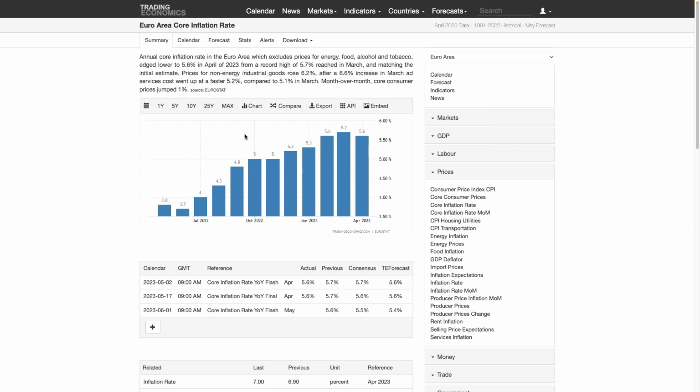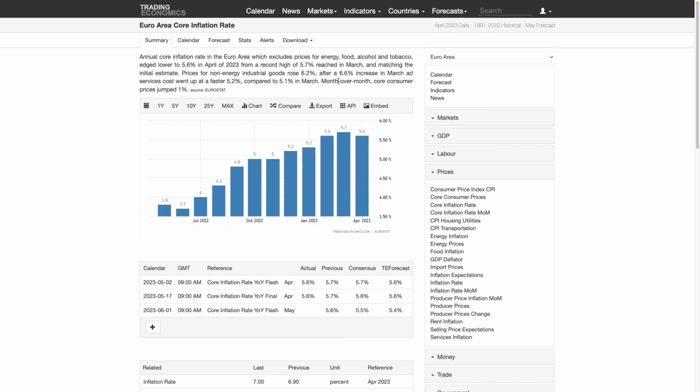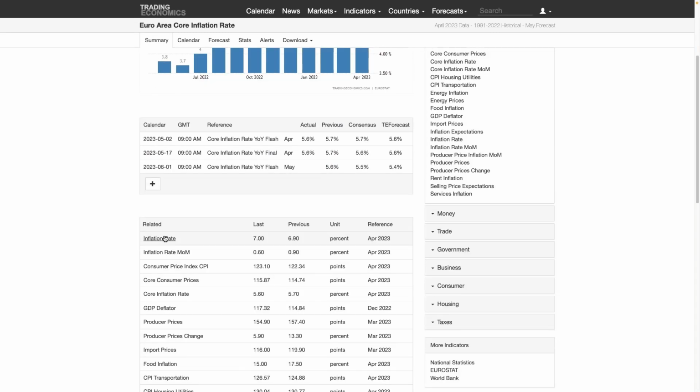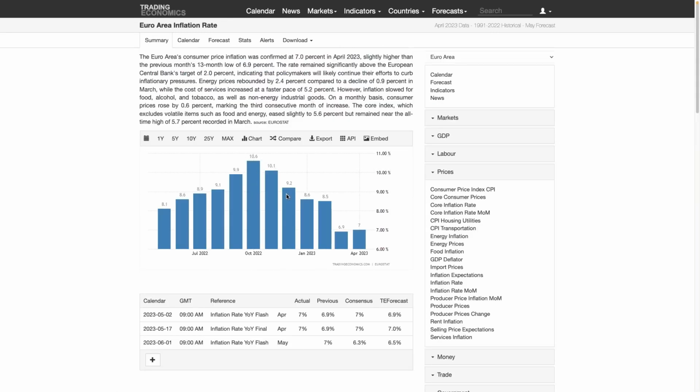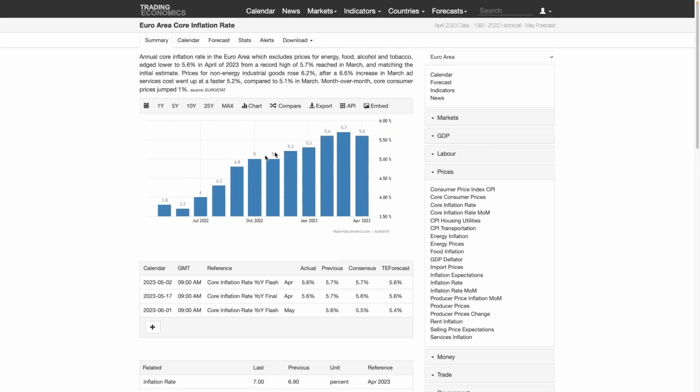A lot of central bankers throughout the world have been commenting on the core being a problem. And you can see quickly, can't you? Look, the headline has been dropping considerably. If we just go back to the headline. Okay, good. Right direction, right direction, right direction. The core, oh, wrong direction, wrong direction, wrong direction.